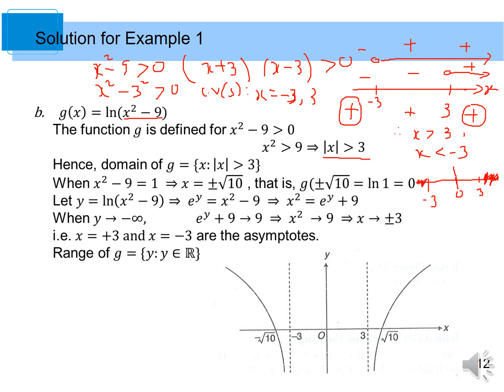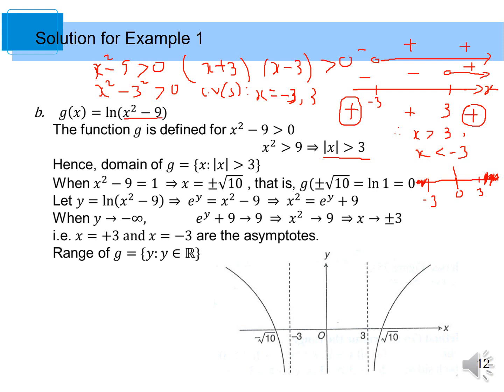And in negative side, also the same. In negative side here, more than 3 units from origin. So the region is also the same as this form. We have found out the domain.